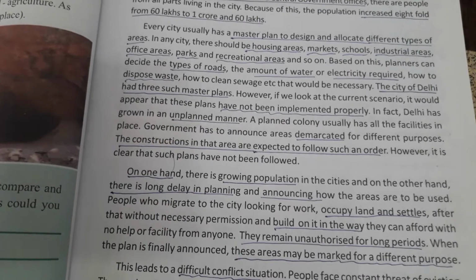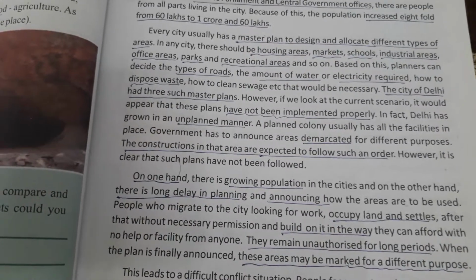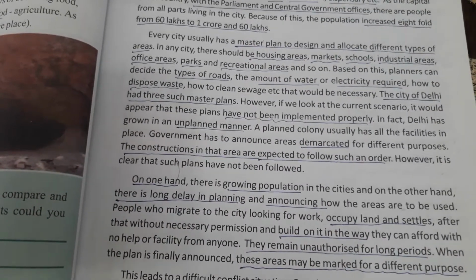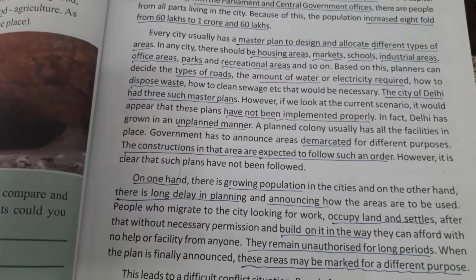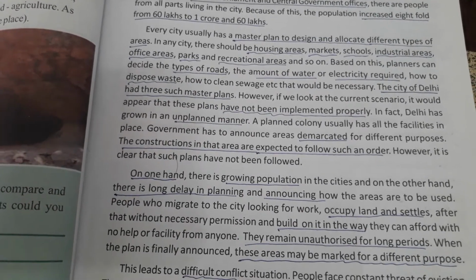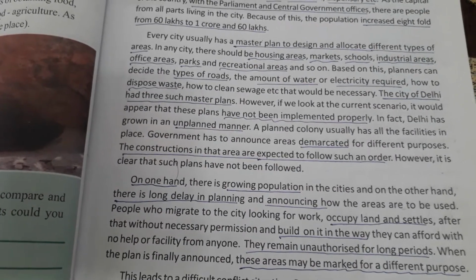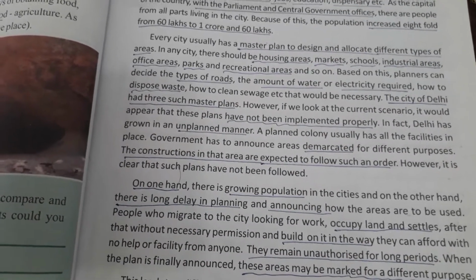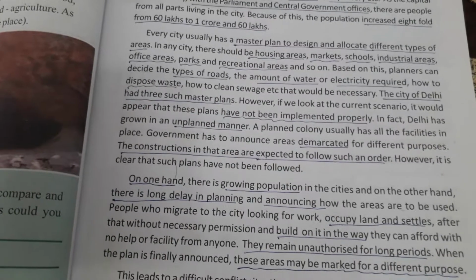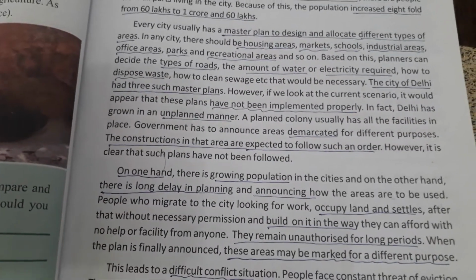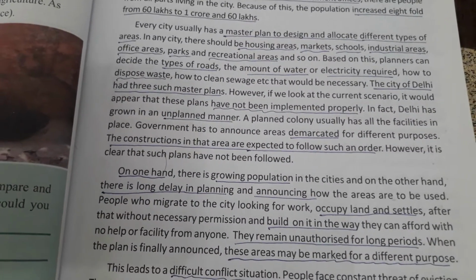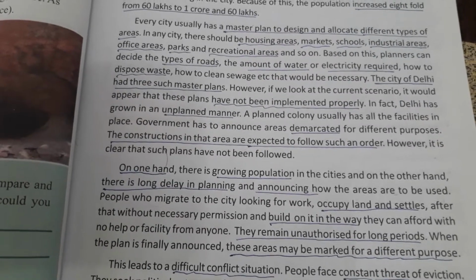Even in Hyderabad, recently the government introduced LRS, land regulation system. What is the meaning of that? The unauthorized constructions will be considered as authorized. So when the plan is finally announced, these areas may be marked for a different purpose.